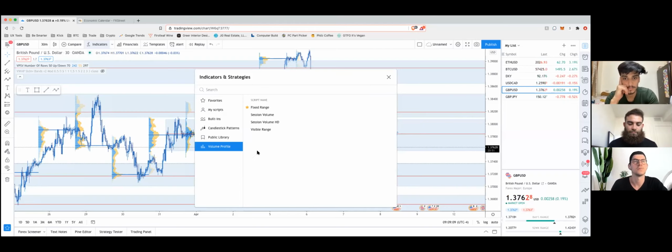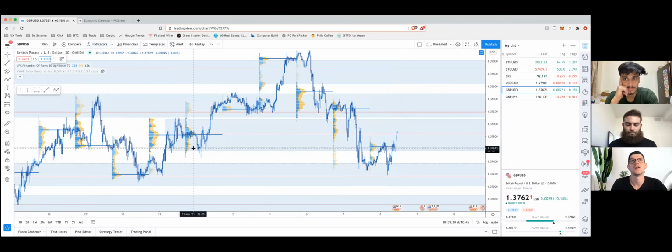So both of these are available under the volume profile. If you go under indicators, volume profile, session volume is what shows your daily volume profiles. And then your fixed range is how you draw your composite. So you click on the fixed range, close.